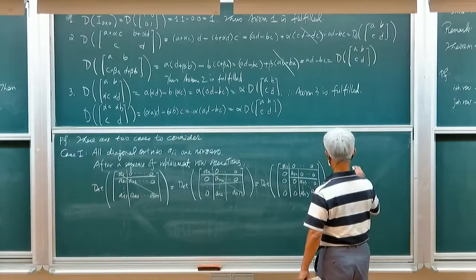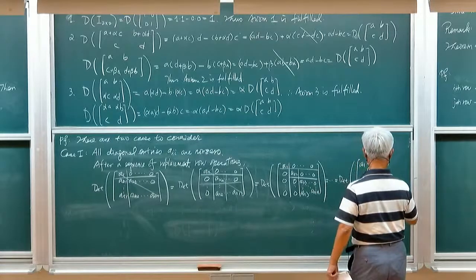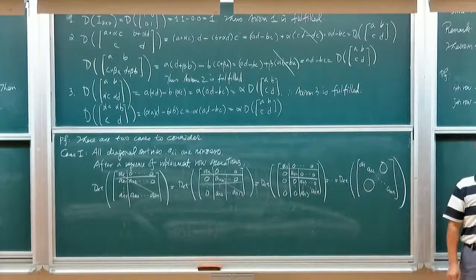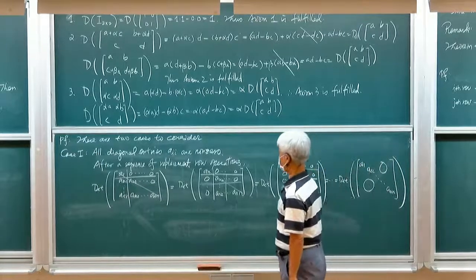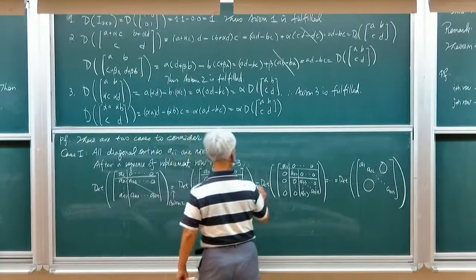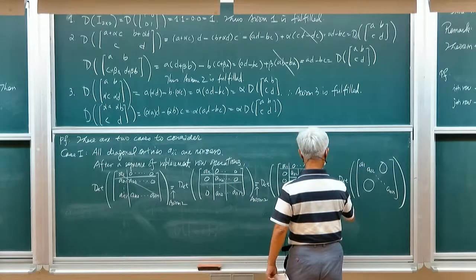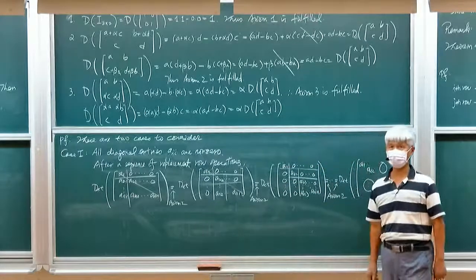You get A11, A22 up to Ann, and all zeros. Okay, and all these are Axiom 2, Axiom 2, Axiom 2. So we apply Axiom 2 there.